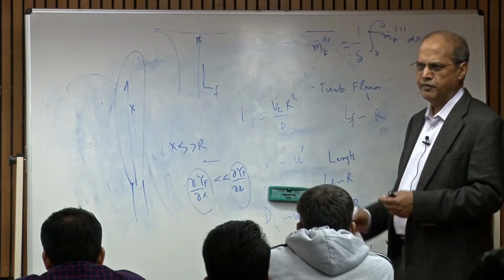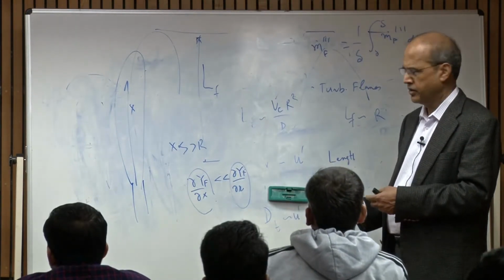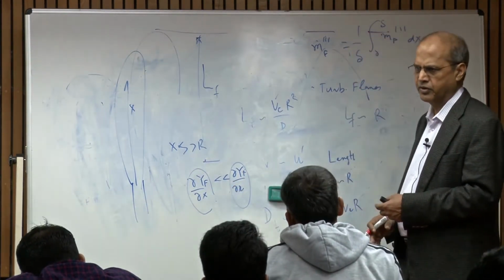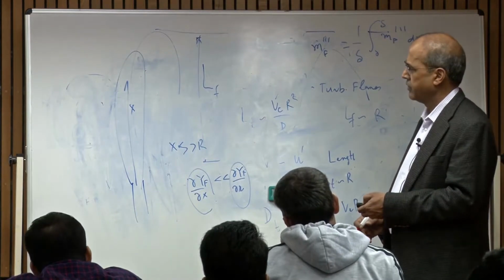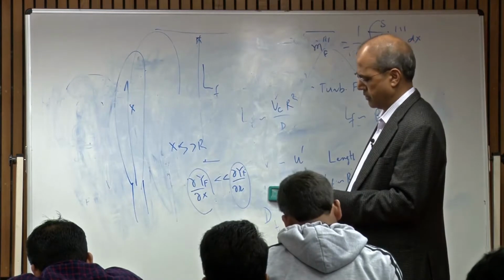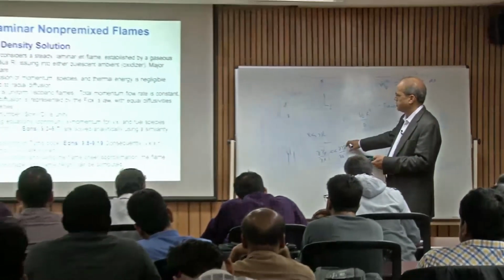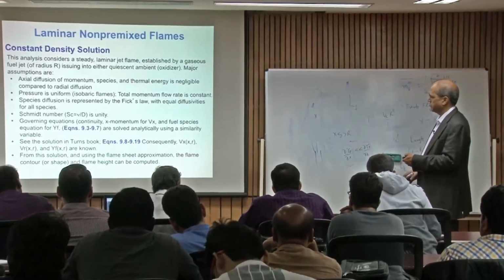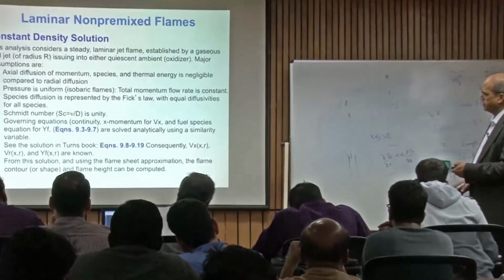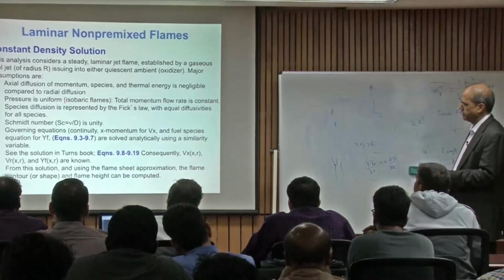When we write the equations, you have the axial diffusion and the radial diffusion, and we will neglect the axial diffusion compared to the radial diffusion. That is the first bullet here. The axial diffusion, not only for species but also for momentum and thermal energy, for temperature, is negligible compared to the radial diffusion. Pressure is uniform in these flames.